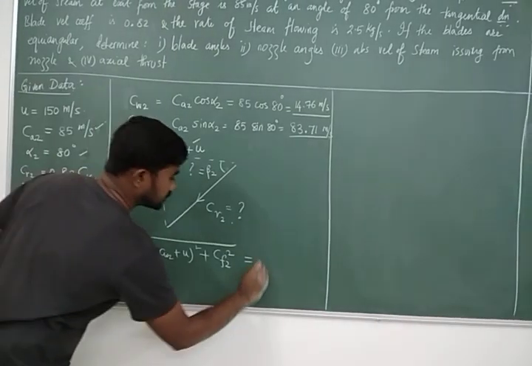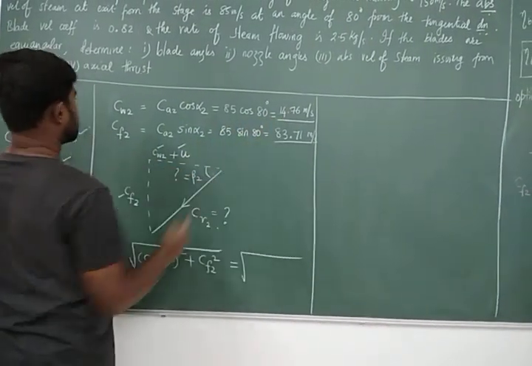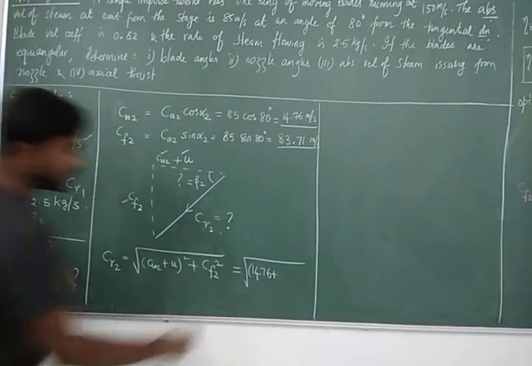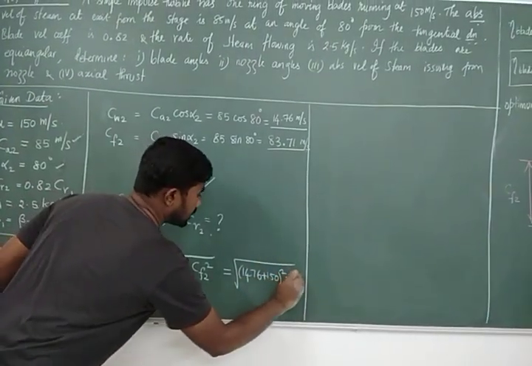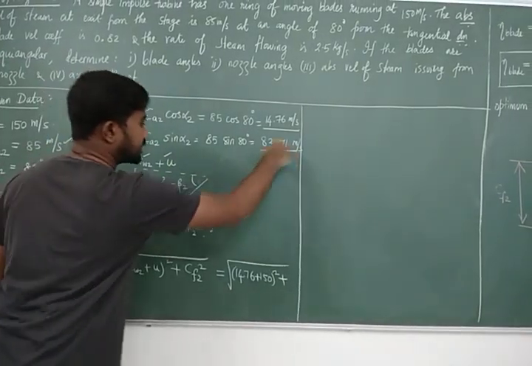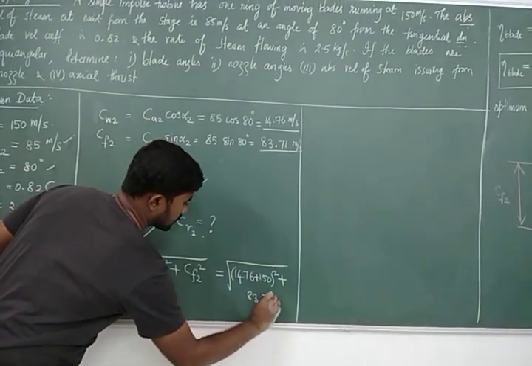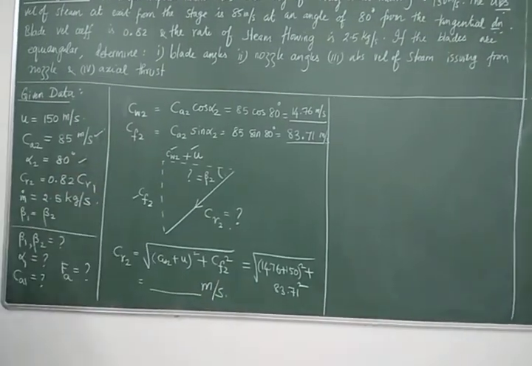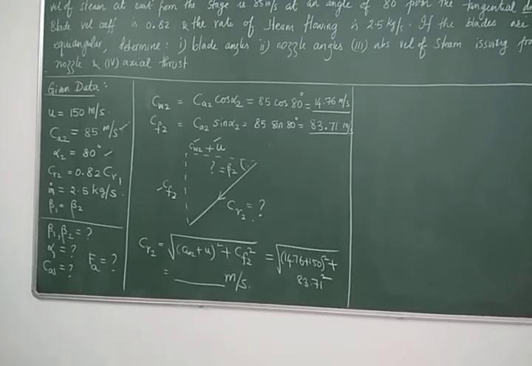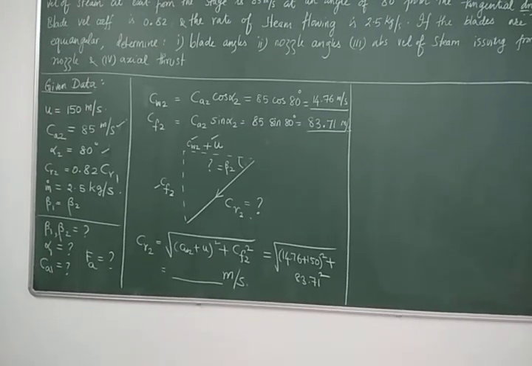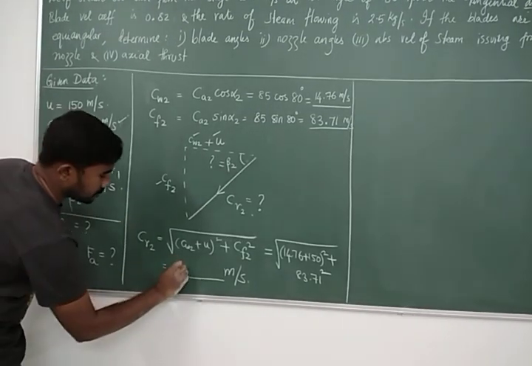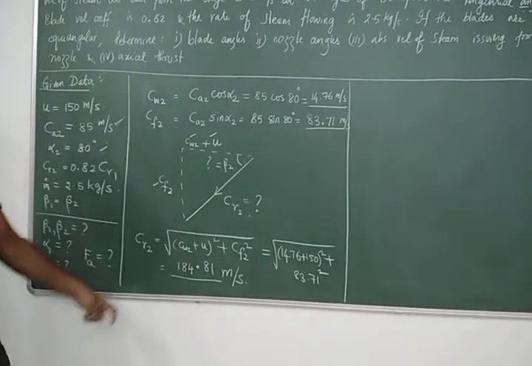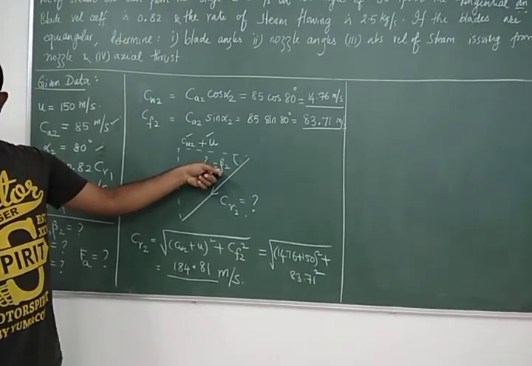You substitute the data, root of 14.76 plus U, which is 150, square, plus CF2 square, 83.71 square, and then you get the answer as CR2 equal to 184.81 meters per second. Once this is found, you can find what is beta 2.